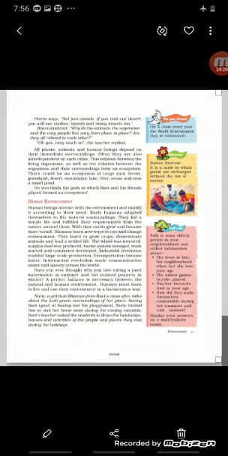I hope that you are now able to know about environment, different components of environment, natural environment, human environment. I hope that I have explained you in a very simple manner.